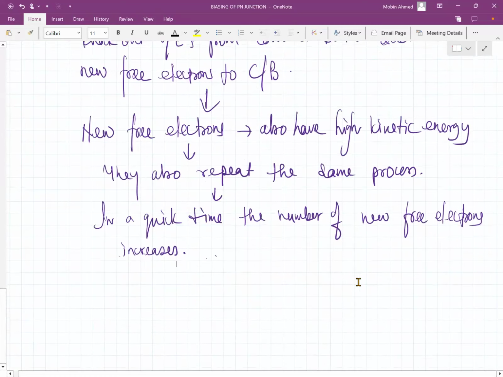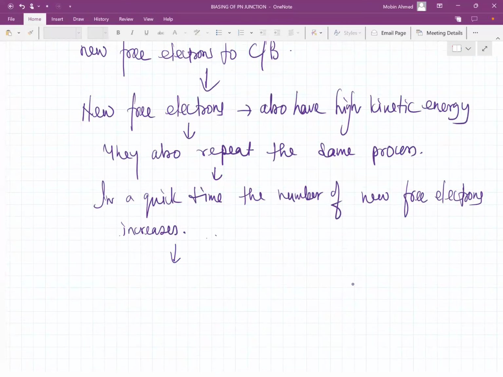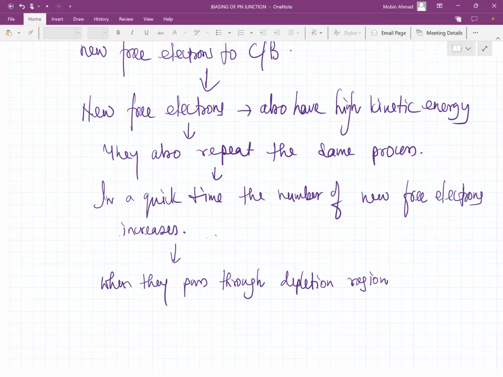Now, because these free electrons increase and they have kinetic energy, when they pass through the depletion region, they are not combining with the holes.